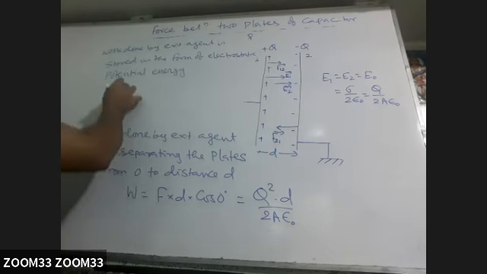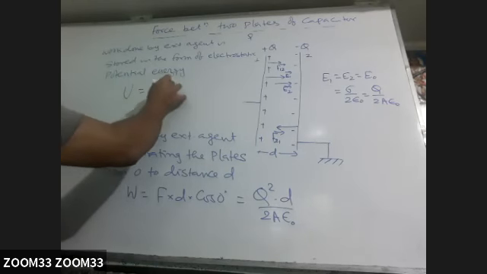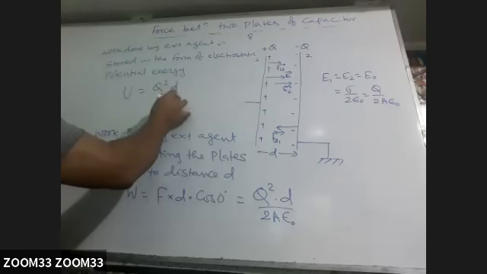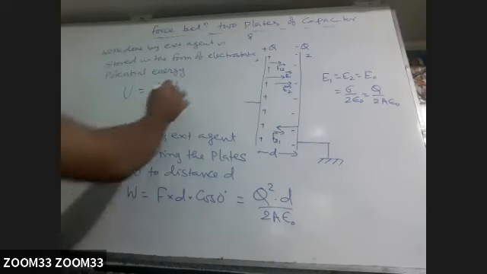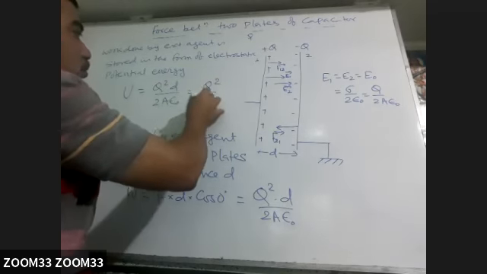So indirectly, how much is this potential energy stored? Q square d over 2 A epsilon naught. As we know, epsilon naught A over d is the capacitance C. So it can be Q square over 2C also.